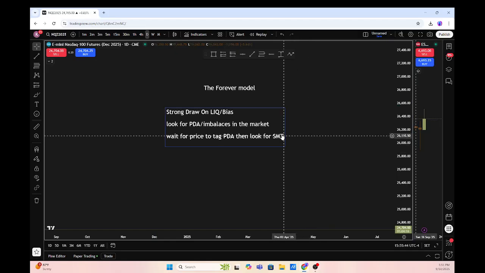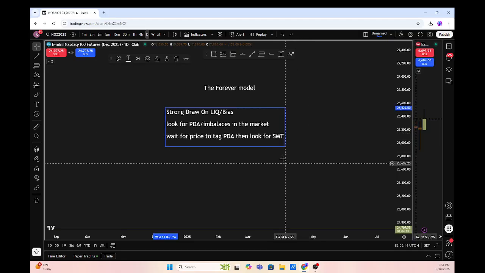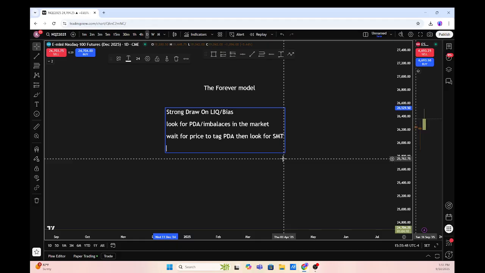So after SMT, what I'm looking for is for price to invert a fair value gap that is correlated with the PD array that it tagged into, right?